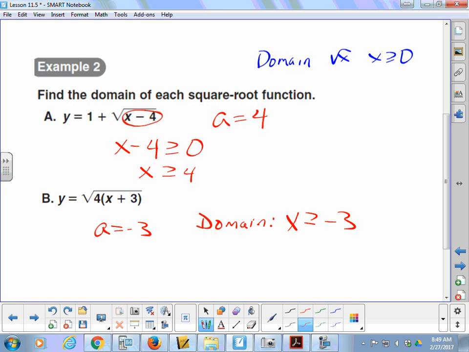A is negative 3, so the domain x is greater than or equal to negative 3. Because those are horizontal translations. So anything that's under the radical is going to change the domain, as far as if I'm adding or subtracting.